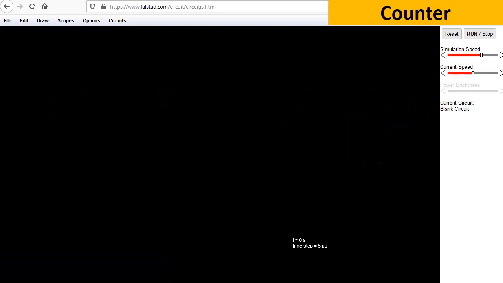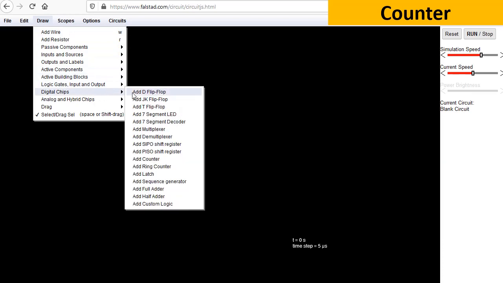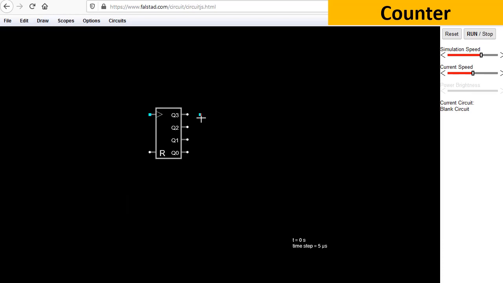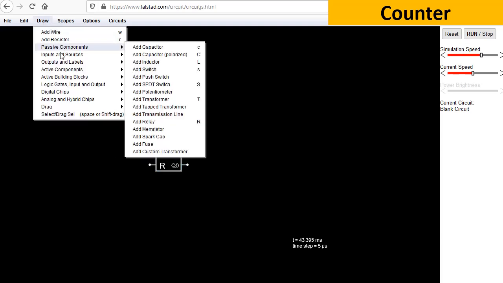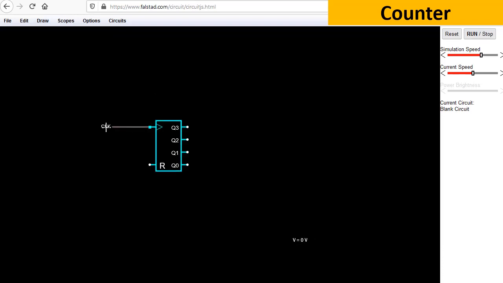I will present you our main device, the counter. Here we connect the clock. And here a driver for reset, just a logic input.